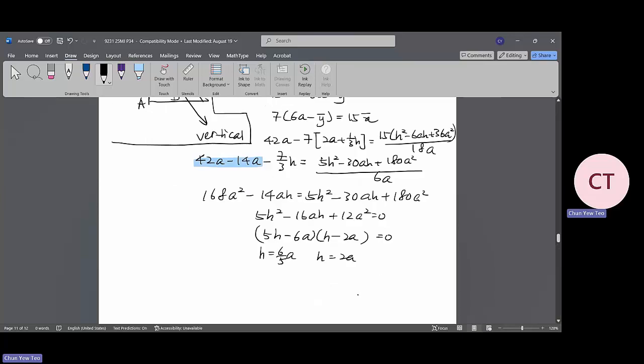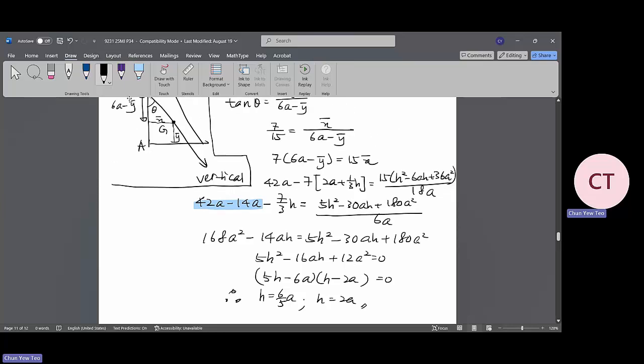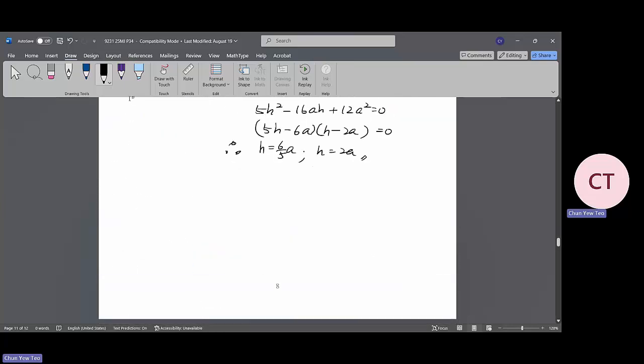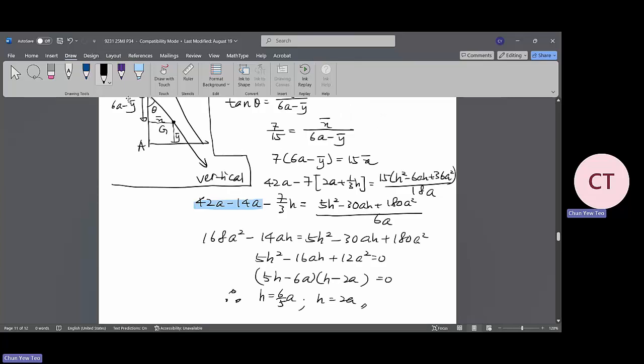Okay, so both of the values can be accepted because it's still within the range that we can accept. So therefore, these are the two possible values of H. Okay, done. This will be the answer for question number 5.